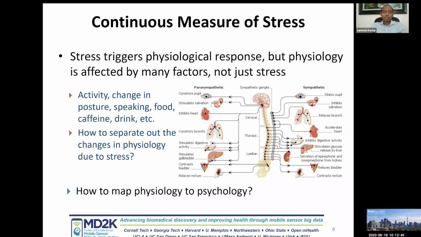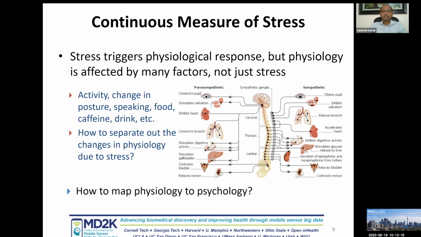The second issue also is that stress does exhibit a physiological response. But when we ask people to provide self-report, the self-report is usually retrospective. That means the stressors may have occurred some time ago, but their perception still is there with the person. So you may have heard of your paper acceptance or non-acceptance, or proposal acceptance or non-acceptance, 2 hours ago.